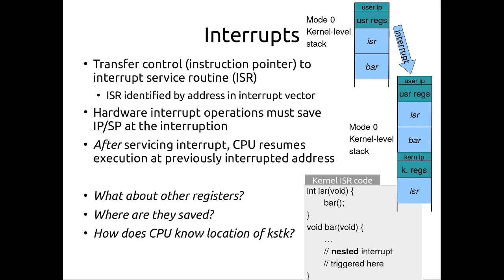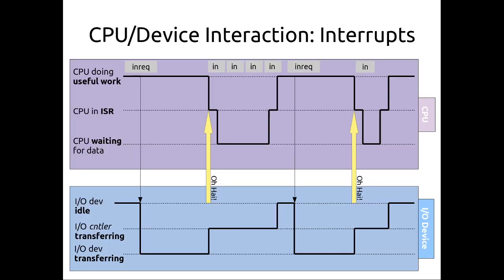Okay, so let's see what this looks like using the status diagram that we talked about in the previous slides. Here, instead of making an in instruction at the very start in the upper left, we're going to extend that to be able to make a request for some data.